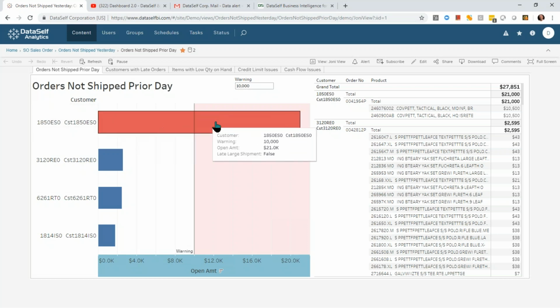So if a customer order was not shipped and is more than $10,000, then notify the salesperson. Now, suppose I'm a salesperson and I say, no, 10,000 is too much. I actually want to be notified when it's $2,000. And only when that happens, if all my orders were shipped yesterday below $2,000, I don't care, I'm busy. But if I have any customer above $2,000, I want to be notified, not when it's 10,000.